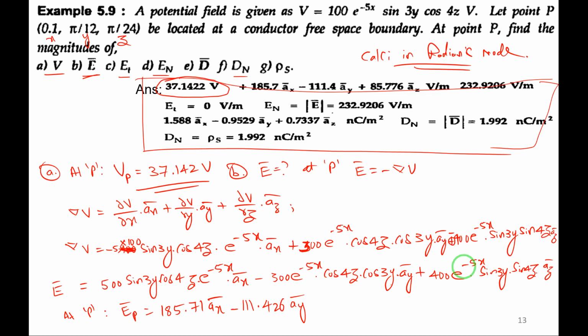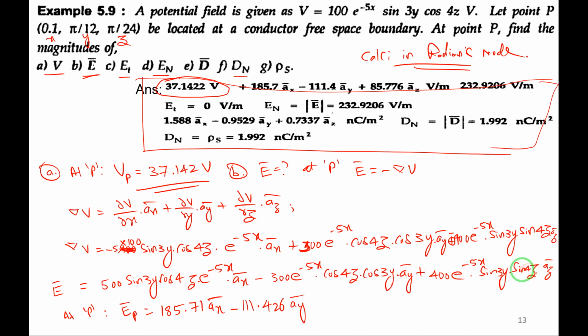Similarly I will calculate this third one. The calculations are very big, that's all. 400 into e to the power of open bracket minus 5 into x, x is 0.1, into next sine 3y, sine of 3 into y, y is pi by 12, pi divided by 12, this is over.